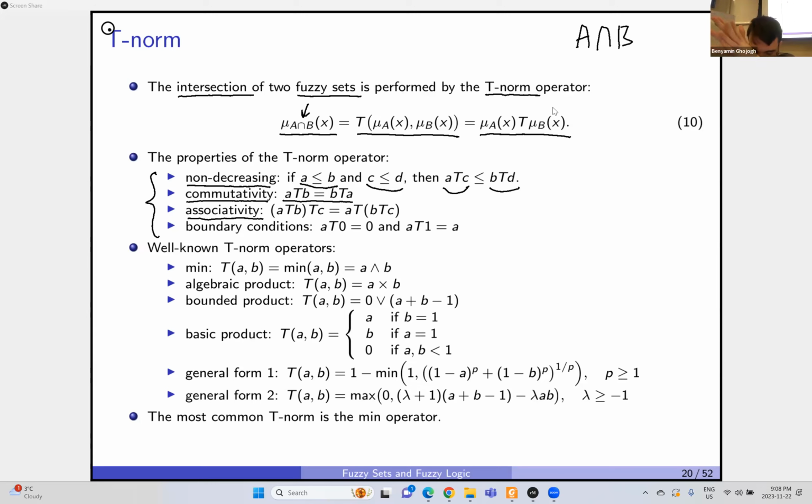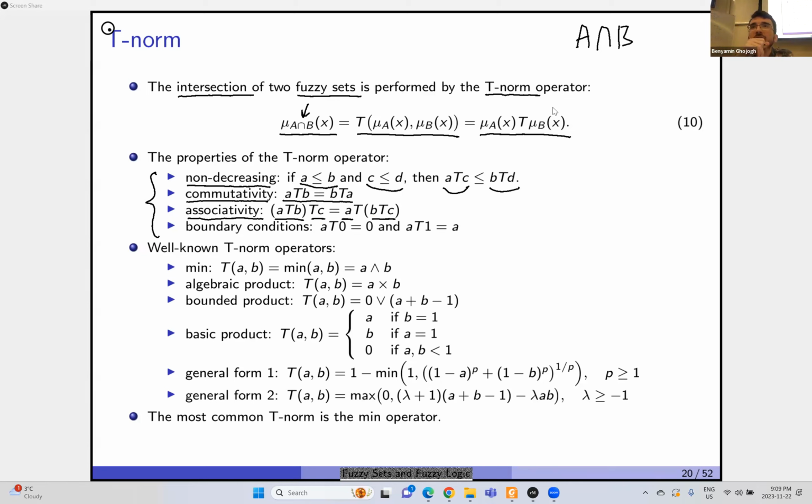Associativity. What does it mean? A T B first, and the result, take the T-norm with C. Another time, take the T-norm between B and C, and then the result, take the T-norm with A. In other words, change the parentheses. It shouldn't change.